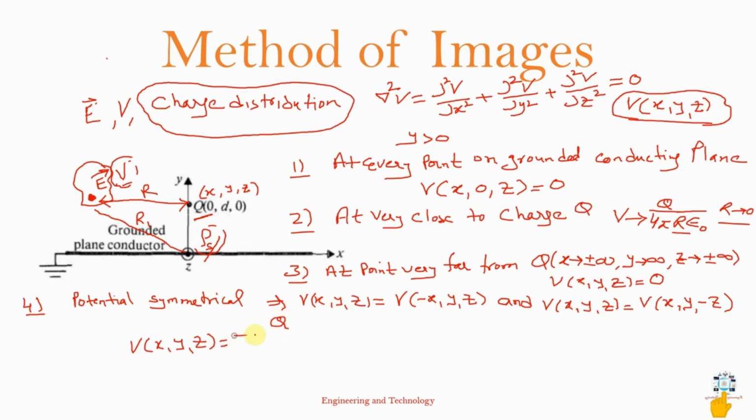Q over 4 pi epsilon naught. If you solve this value of R, this R will be equal to x square plus y minus d square, plus z square.